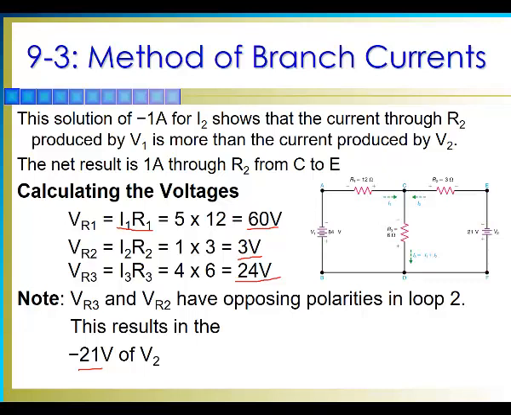So this one, we can actually keep the polarities the way they are, just that in here you're going to have plus, in here you're going to have minus, and in here you're going to get minus 2. But this is going to be minus a negative value, because remember the current in this direction is negative, so it's going to be minus 3, so that will be plus 3, and this is going to be minus 24. So 21 plus 3 is 24, minus 24 equals 0.